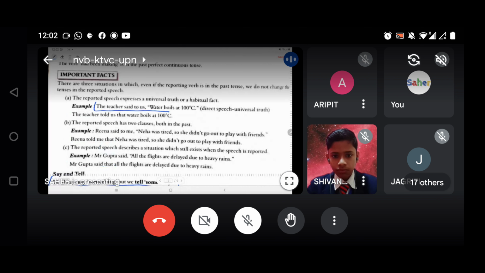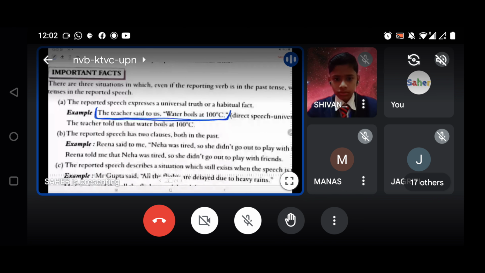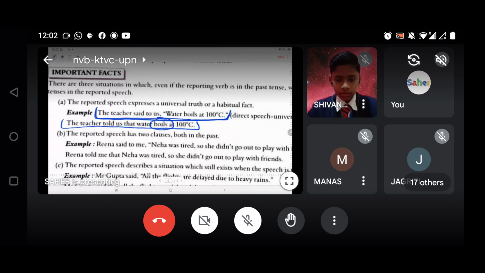This is a universal truth. So the teacher told us that water boils at 100 degrees Celsius. The tense had not been changed. You can see here.